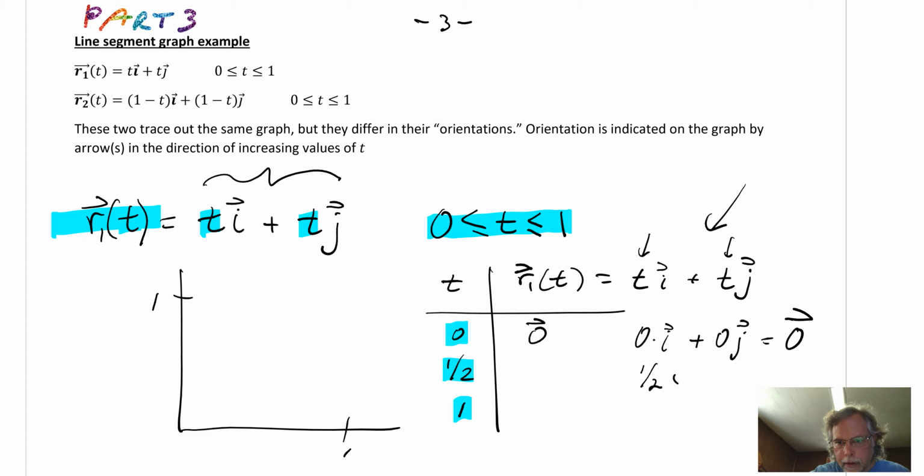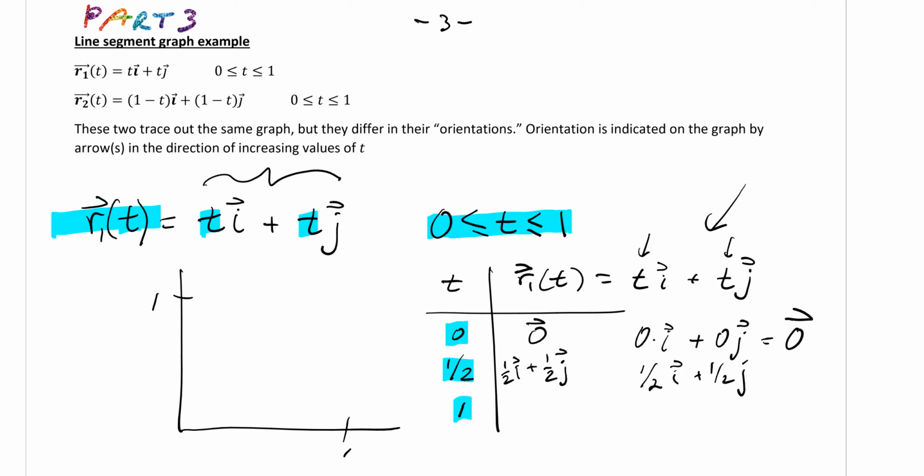We have 1/2 i plus 1/2 j. That goes here in the table. And then when t is equal to 1, we have 1 times i plus 1 times j. So that's i plus j.